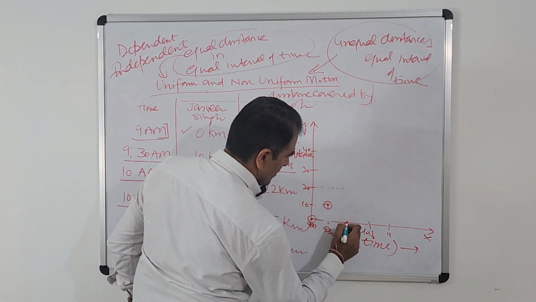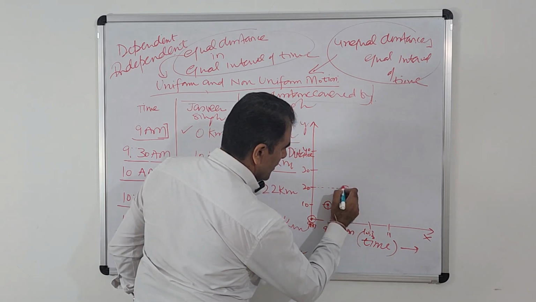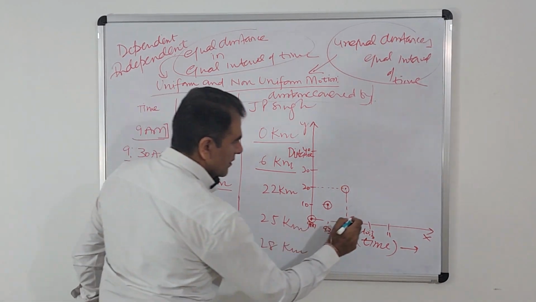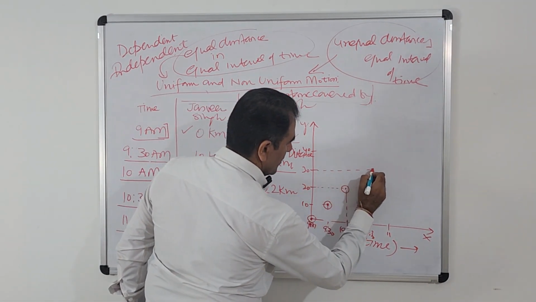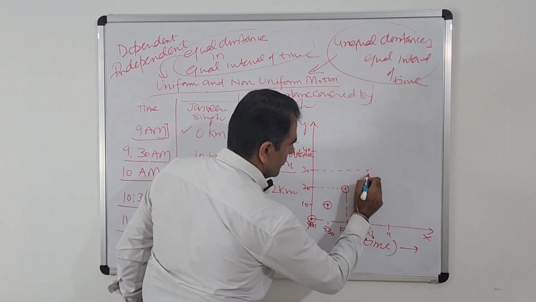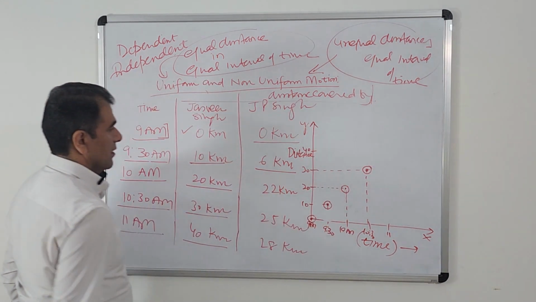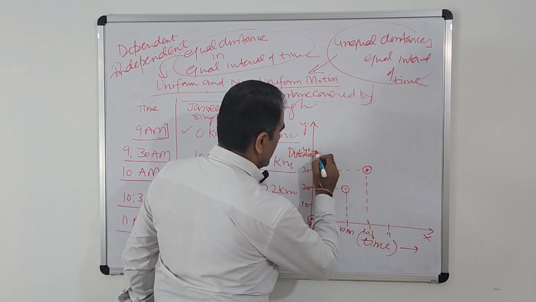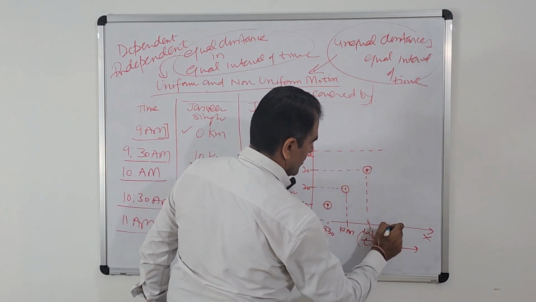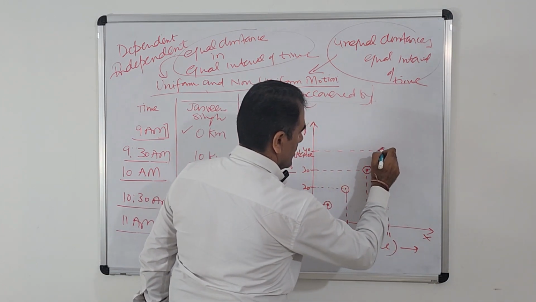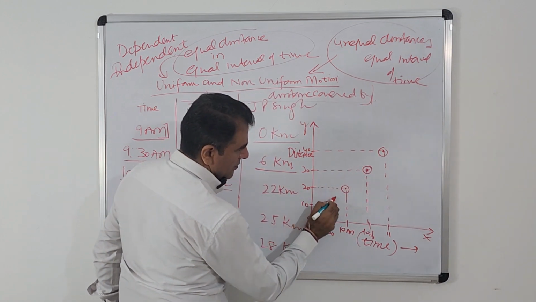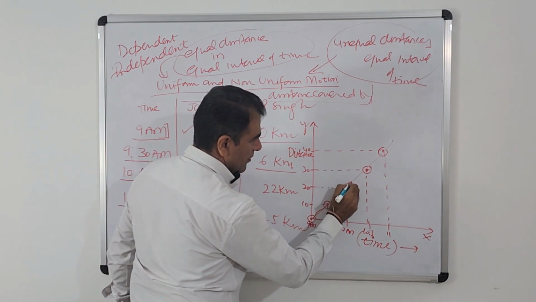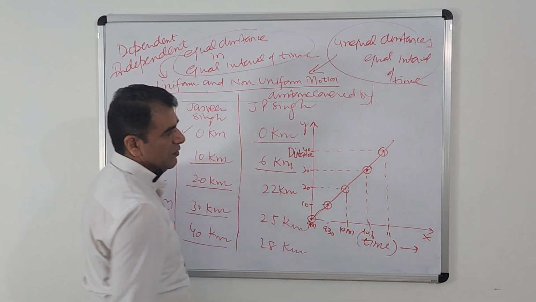20 and 10. Here they meet. Put a dot. 10:30, 30. So 30. A simple graph which you make at home many times. 11, 40. Now join these. What did you see?